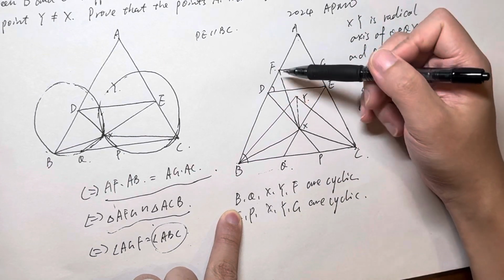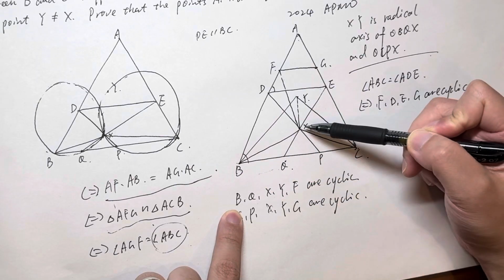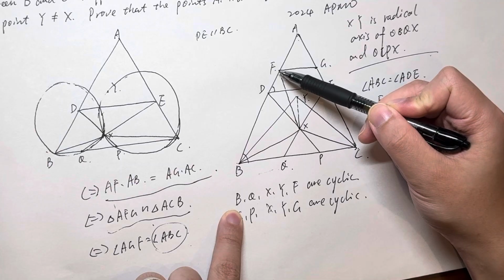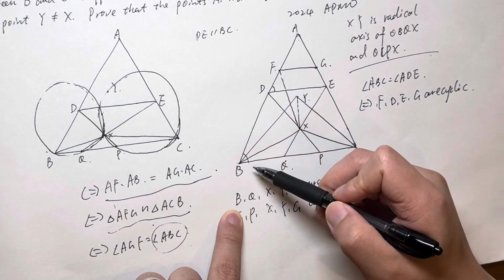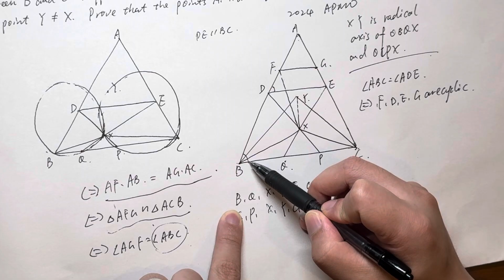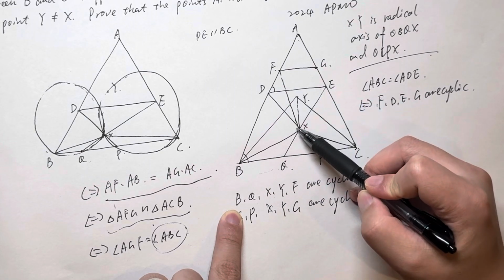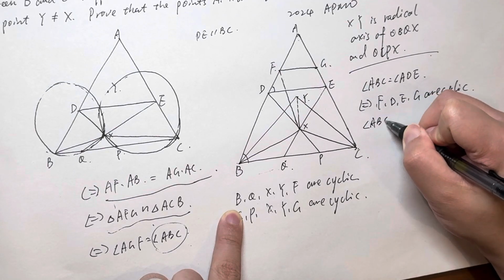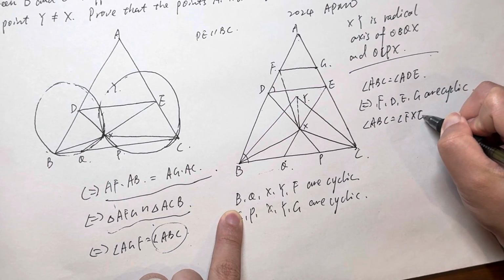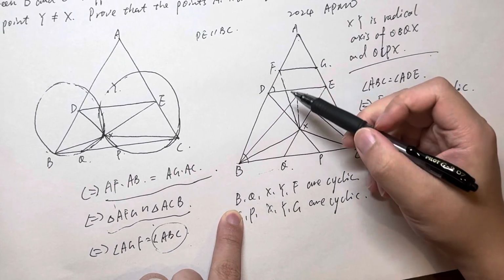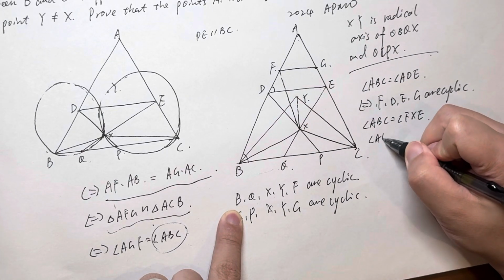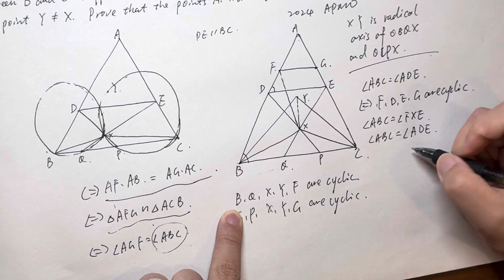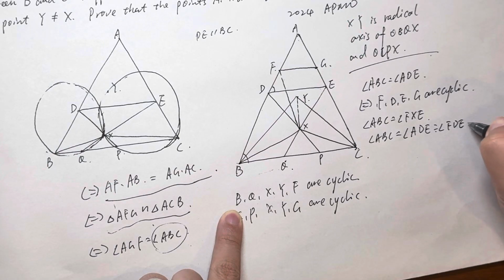We already know that B, Q, X, Y, F are cyclic. Why do I just choose these 4 points? Just because we want to find the equivalent angle to the angle ABC, which is angle FXE here. So we know that angle ABC equals angle FXE, and also angle ABC equals angle ADE, which is angle FDE.